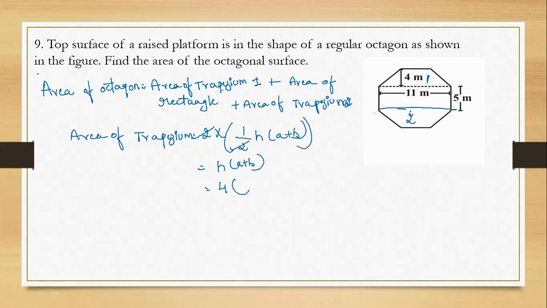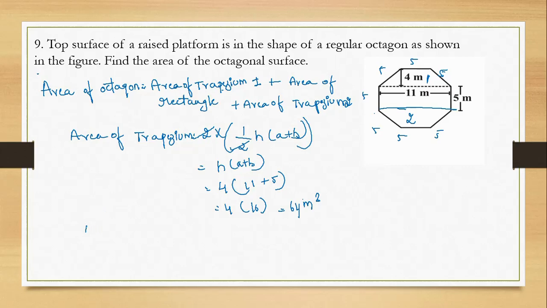One parallel side is 11 and the other sides are 5. They are given in the octagon that all the sides are equal, so that is 5. 4 into 16 is equal to 64. This 64 meter square is the area of the trapeziums and the remaining is the rectangle.